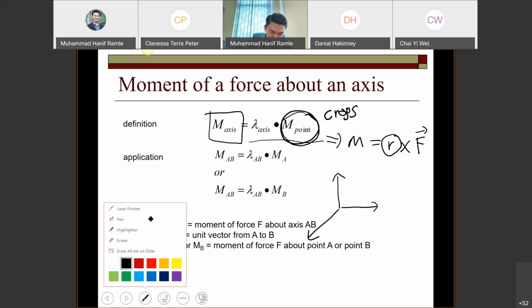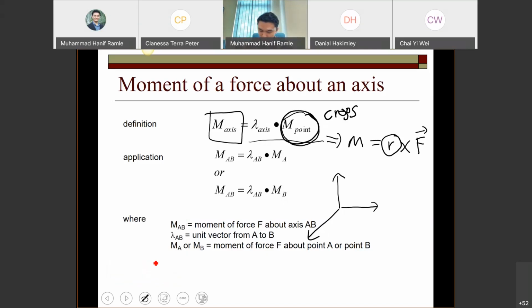Let's say this is the axis, point A and point B. Your force is from here to here, and we know that we can have two different r.